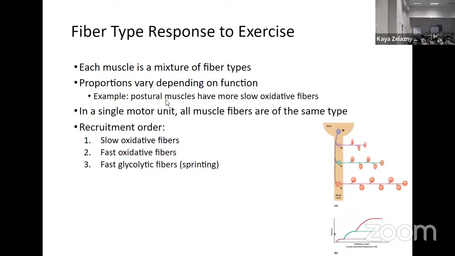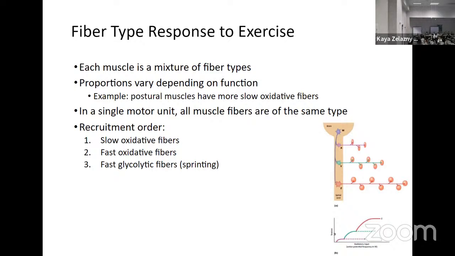So postural muscles, ones that have to do with posture, like holding yourself upright at your desk right now, take some support from your back muscles. But you don't want those muscles fatiguing rapidly. You don't want them tiring out. You want them to keep going and going all day. So muscles that are supporting your body position, your posture, are going to tend to have more of those slow oxidative fibers that are efficiently producing energy in the form of ATP, using it relatively slowly.